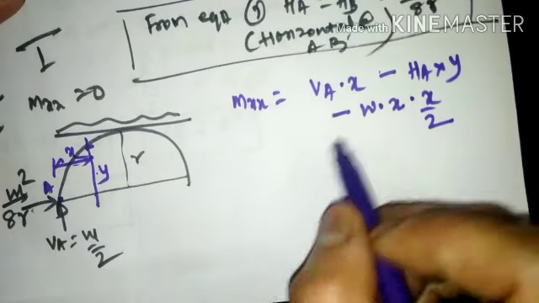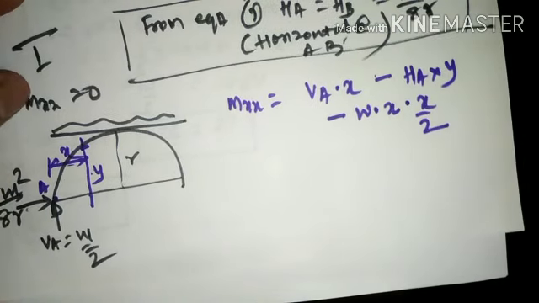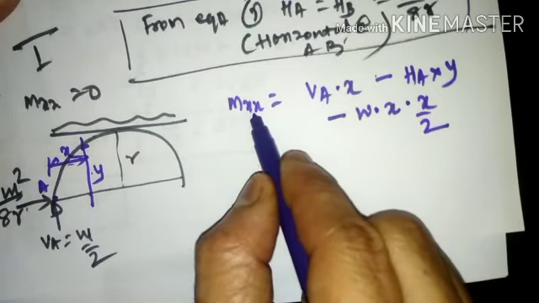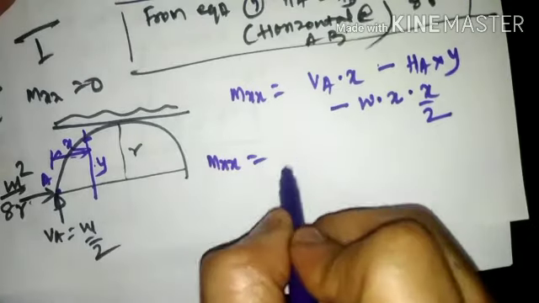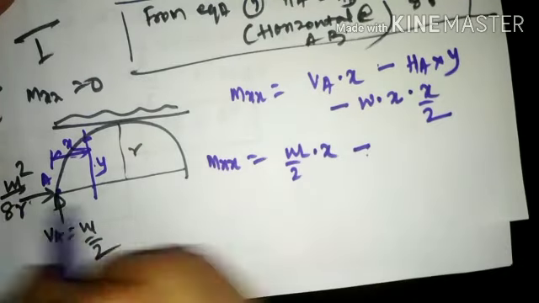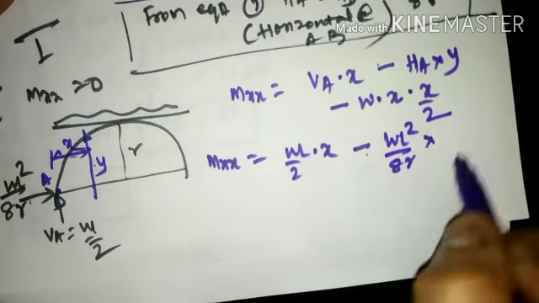Now M of x that we are going to find out has been mentioned that it should come out to 0. That is the requirement. We shall verify whether it comes out to 0. So M at x will be VA value WL by 2 into x, minus HA value WL square by 8R into y value.